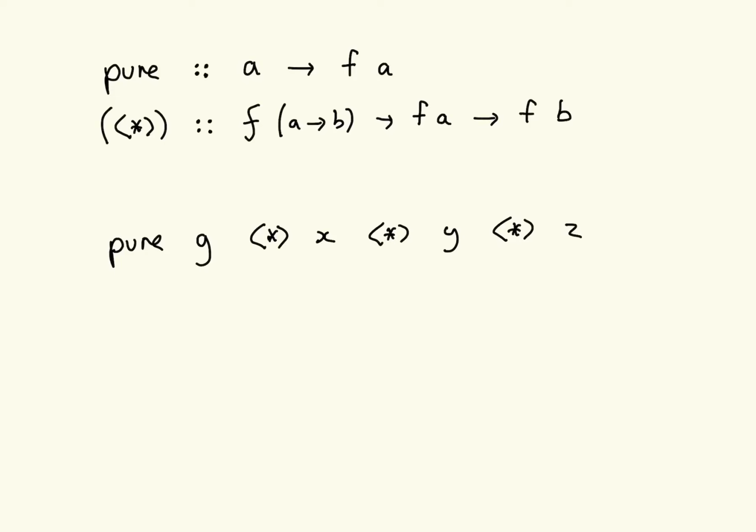What we're doing is applying pure of a function g to 3 arguments, x, y, and z, using the funny star operator here. And there's a special name for expressions of this form. This is called applicative style. Okay, so if you write things in this form here, let me just highlight that again. If you write things in that form, this is called applicative style. And that's really what we're going to be looking at today.